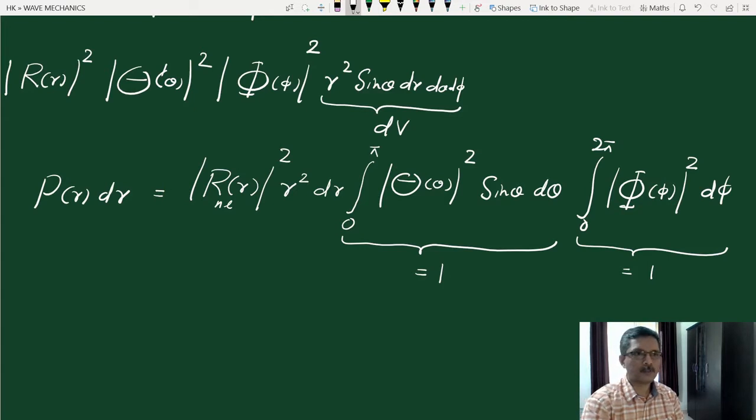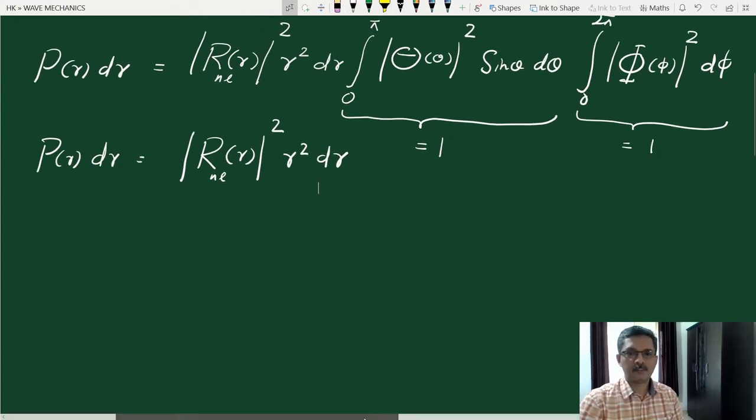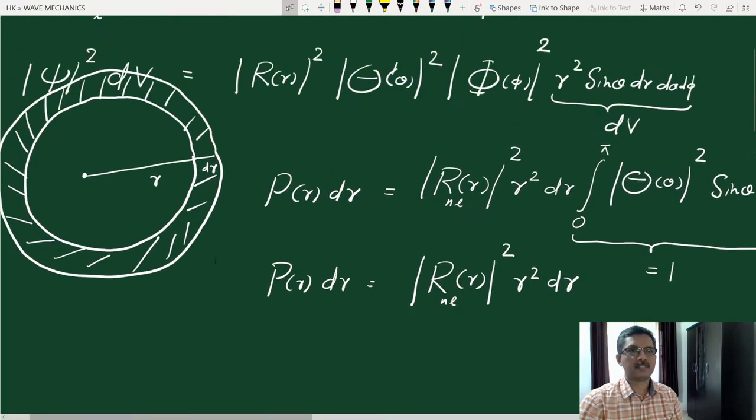Therefore the probability of finding the electron between r and r plus dr is R of r squared, which depends on n and l, into r squared dr. That means within this spherical shell of radius r and thickness dr.